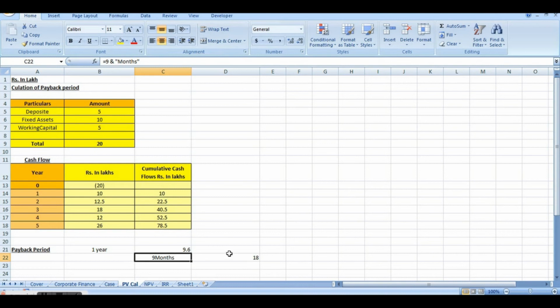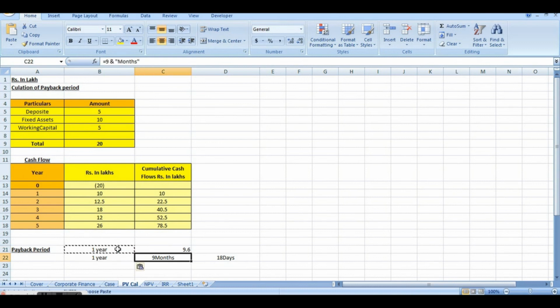And the same we can do here: equal to, then space, then inverted commas and days, because we want the answer with the word days. So it gives us the answer as 1 year, 9 months and 18 days.